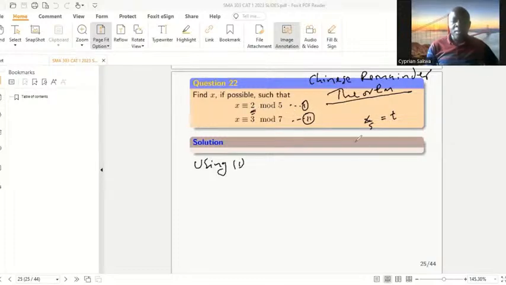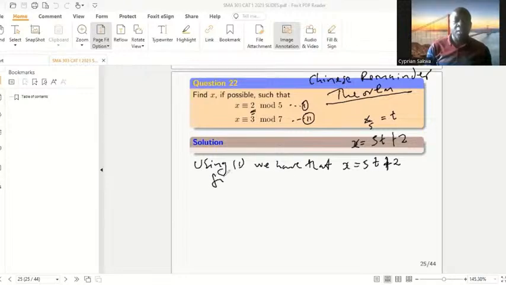In other words, x can be written as 5t plus the remainder. So using 1, we have that x is the same as 5t plus 2 for some integer t.